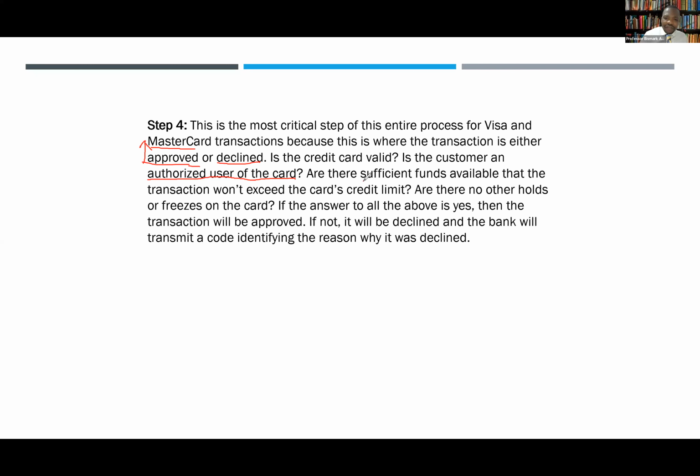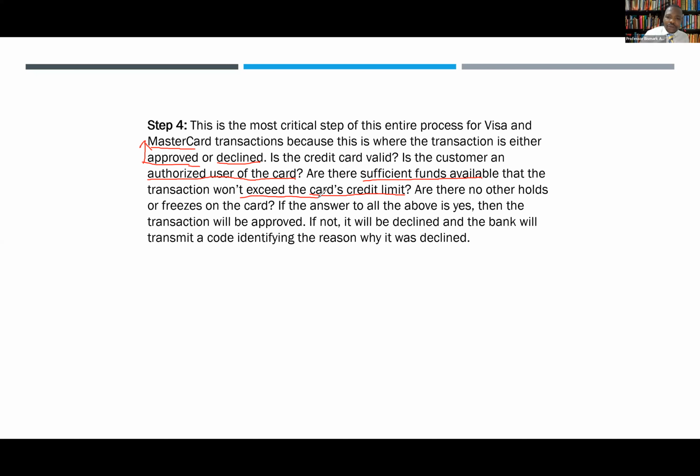Are there sufficient funds? Sufficient funds meaning, is there money available? And then remember, cards have what we call a credit limit. You can have the money on the card, but have you exceeded your credit limit for the day?